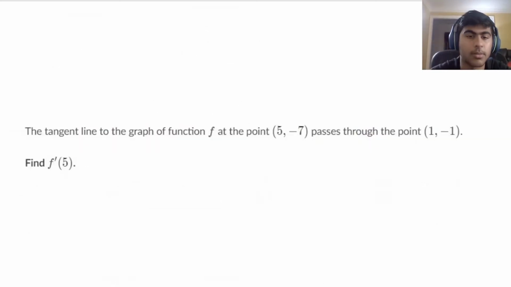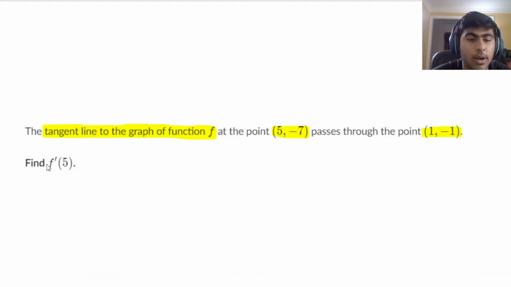All right, next problem. Now we're getting some new stuff. We're told that the tangent line to the graph of f at this point, at 5, -7, also passes through 1, -1.